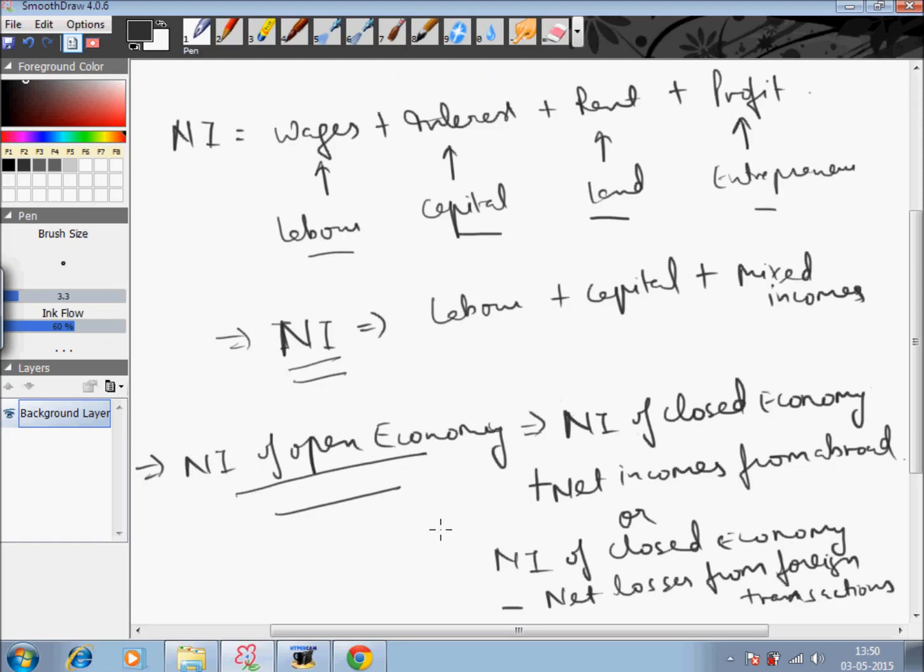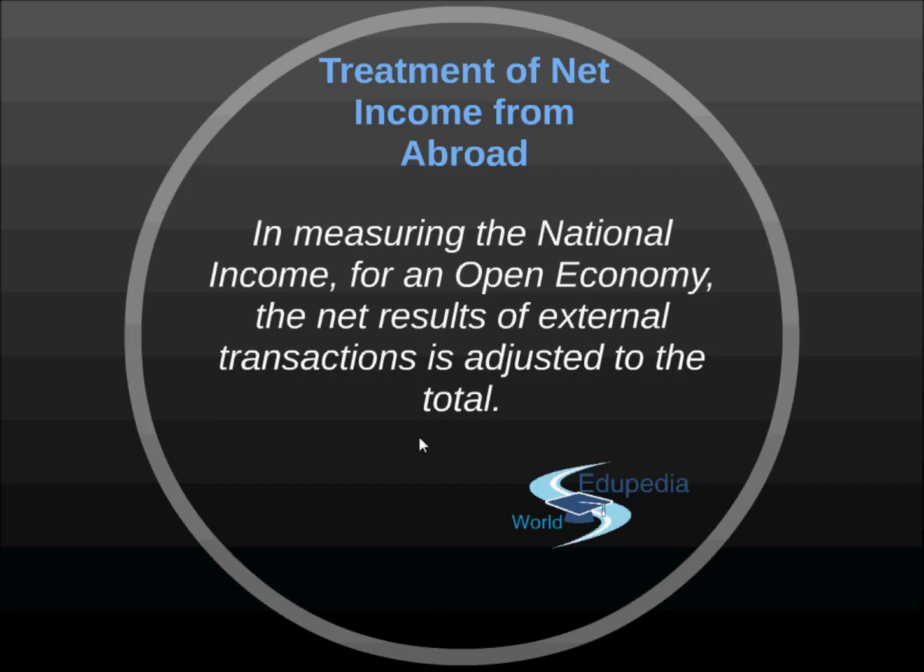So this is how we do the adjustments. This is how we do the treatment of net income from abroad to the national income of a closed economy in order to get the national income for an open economy.